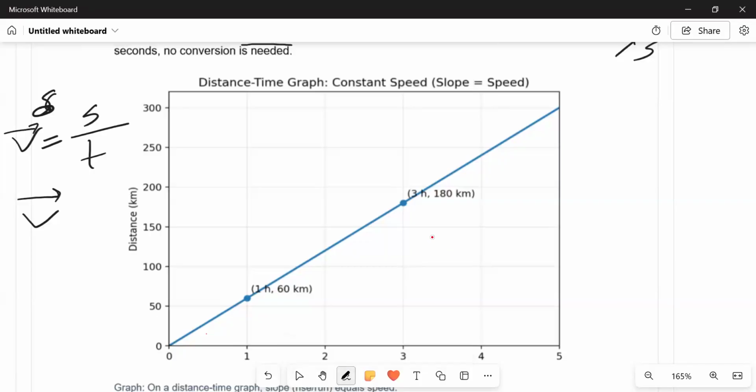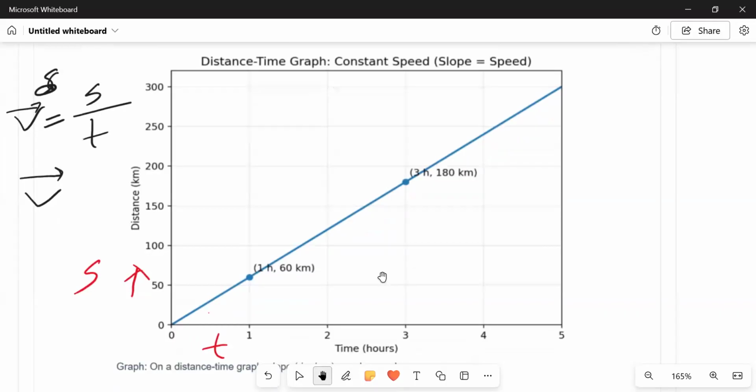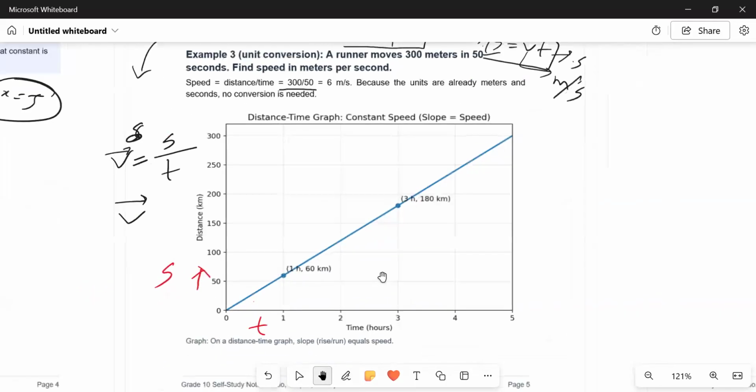So on the y-axis, I have distance in kilometers, which is s for us, and on the x-axis, I have time. I guess it's in hours. Let me zoom out a bit.